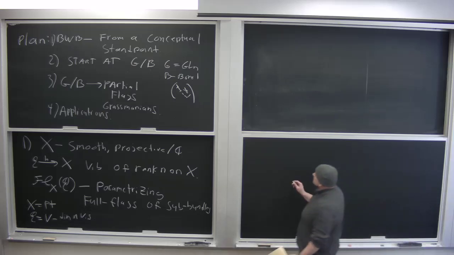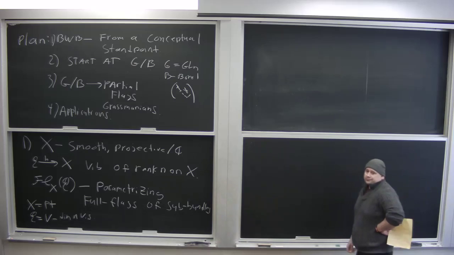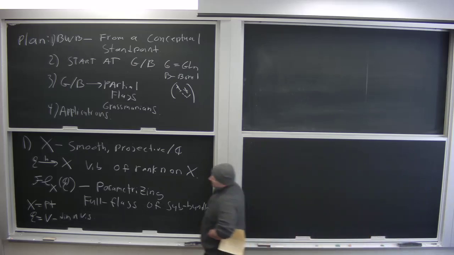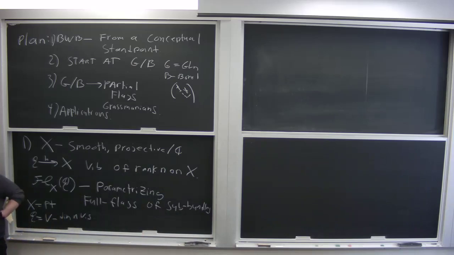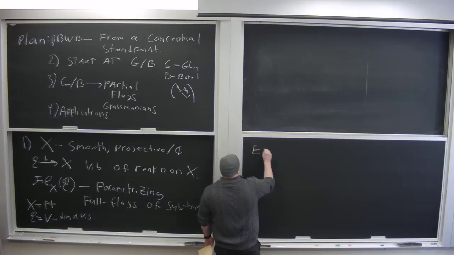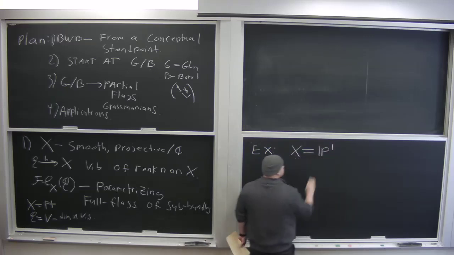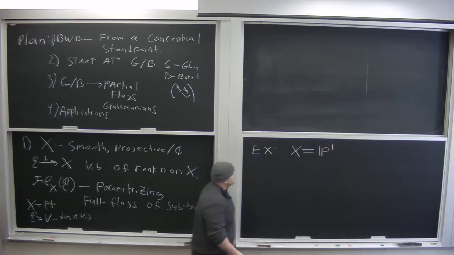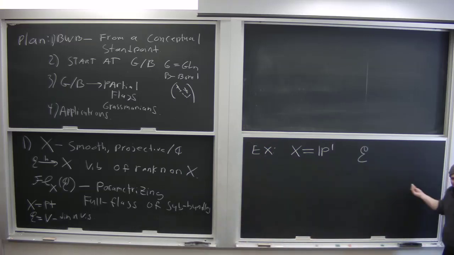And then so what is this about? Yeah. If you have a curve, okay, so let's say, maybe the easiest case, X is P1. Then what's your favorite vector bundle on X?